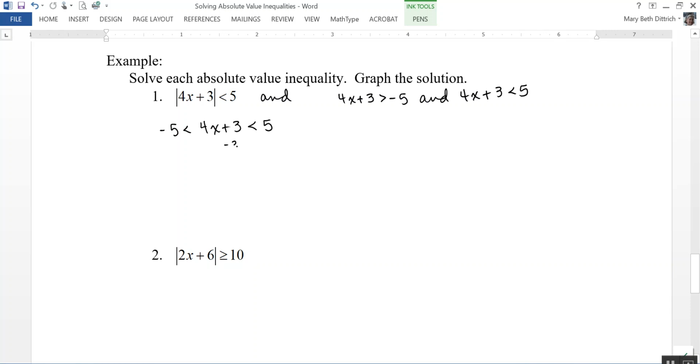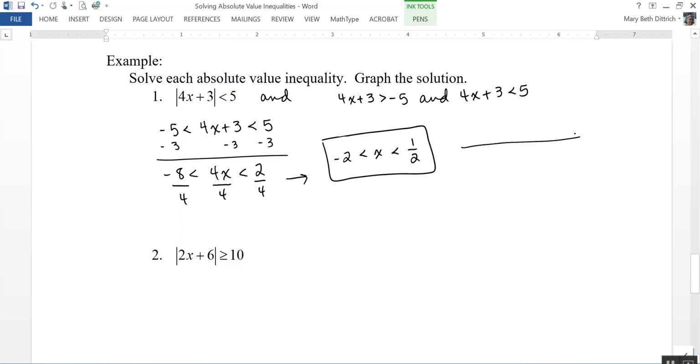The first thing I'm going to do is subtract 3 from each part. So negative 8 is less than 4x, which is less than 2. And dividing each part by 4, I get that negative 2 is less than x, which is less than 1/2.